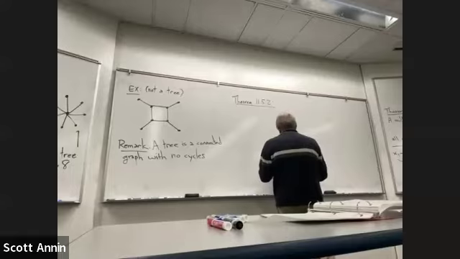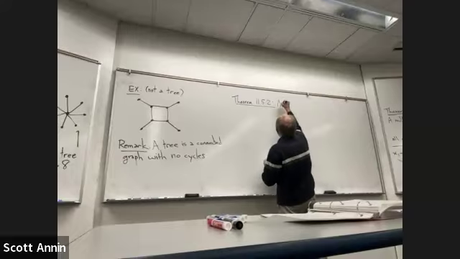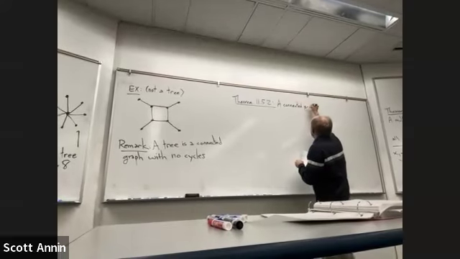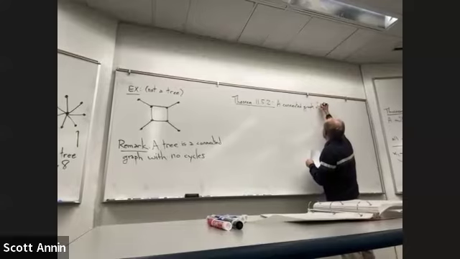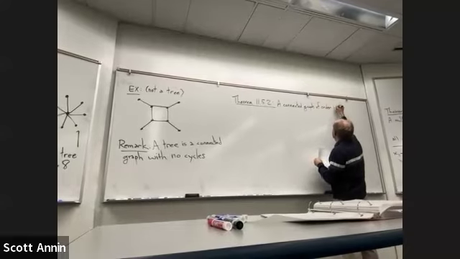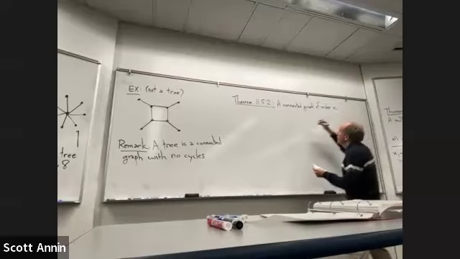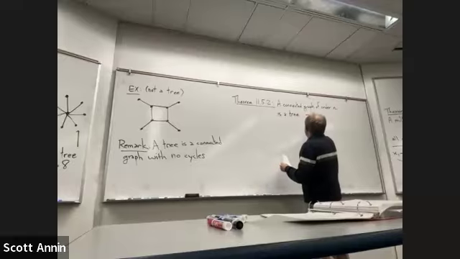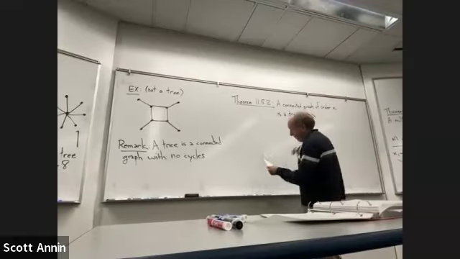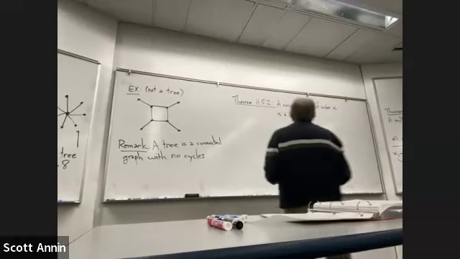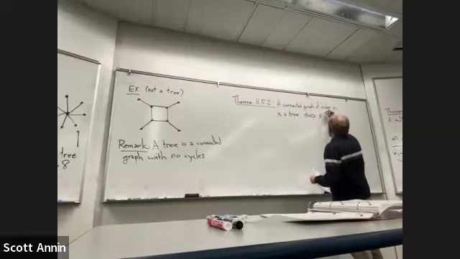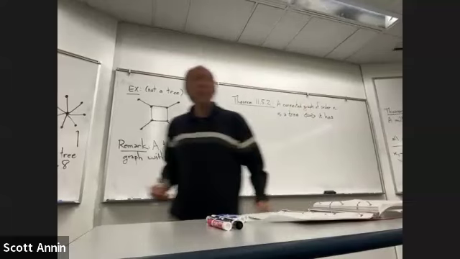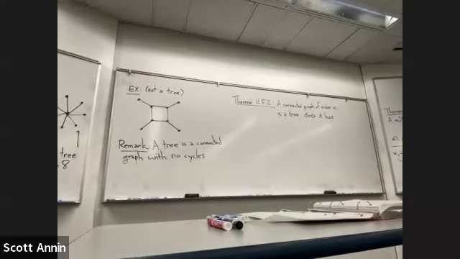So there is a theorem to this effect, and it goes something like this. A connected graph of order n is a tree if and only if it has, well, actually, let's just see, how many edges do we have?